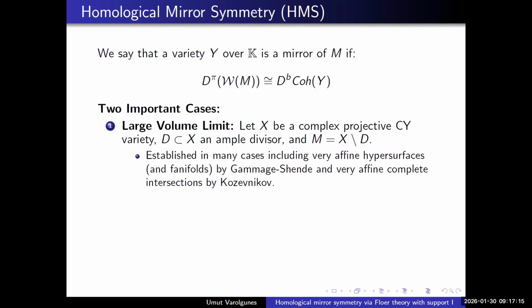So I'm not going to focus on this case. I'm just going to quickly review the literature. This is actually established in many cases. Probably the most famous one is very affine hypersurfaces by Ganatra-Sanda, which belongs to this case. That's recently been generalized to very affine complete intersections, with maybe a few more assumptions, by, I think, a student of Sheridan.